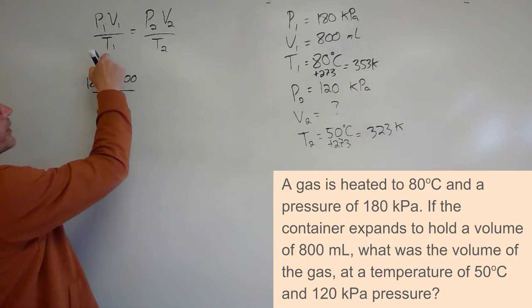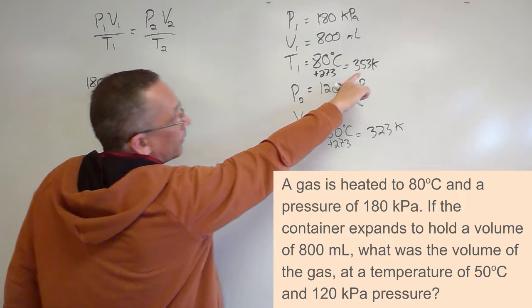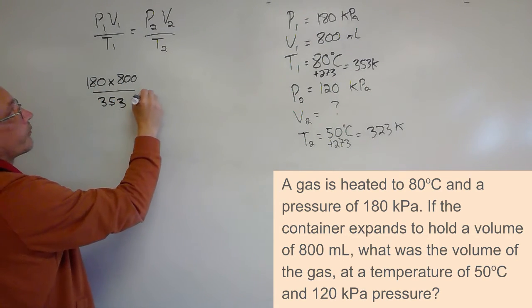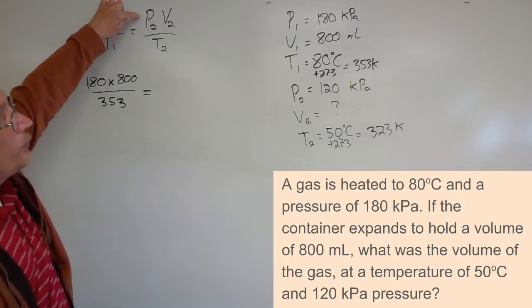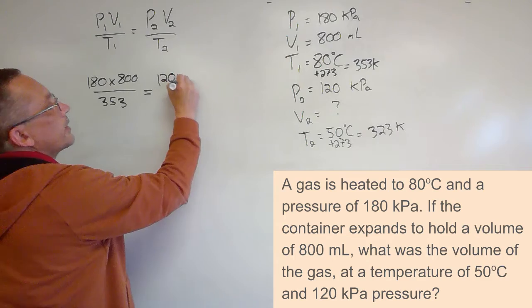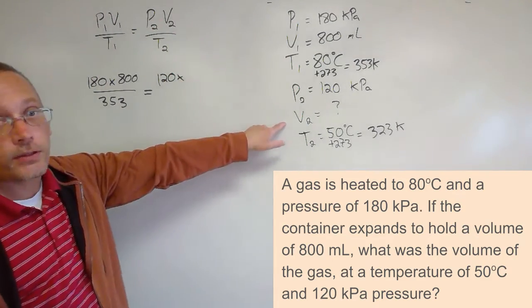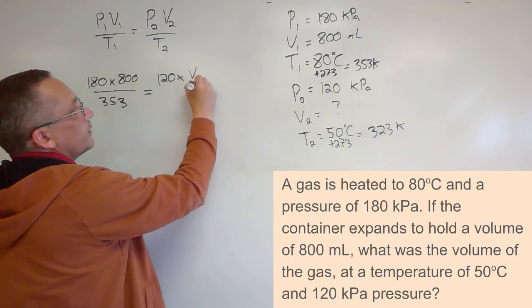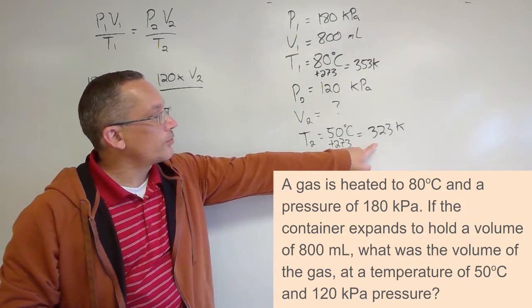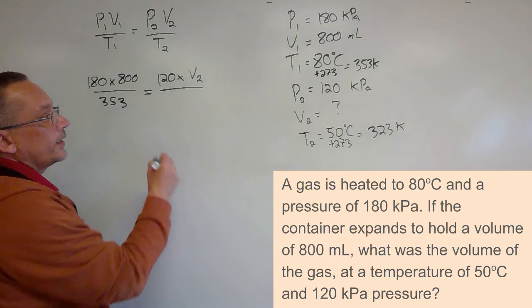On the bottom, T1 is 353. Then I have P2, which is 120, times V2, which we don't know, so I'm going to write V2 over T2, which is 323.